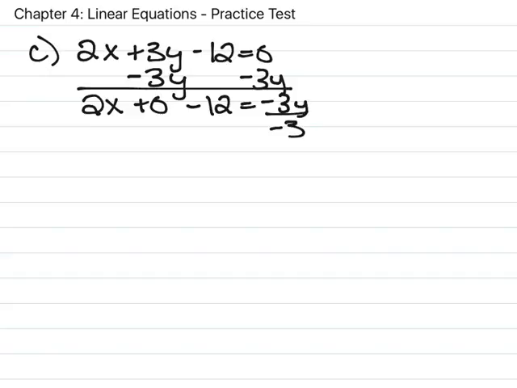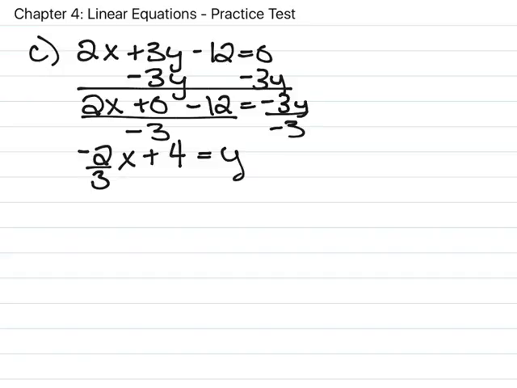So we have to divide everyone by negative 3. So 2 divided by negative 3, we can just keep as negative 2/3 x. And then negative 12 divided by negative 3 is 4 equals y. So our y-intercept will be plus 4, and our slope will be negative 2/3.